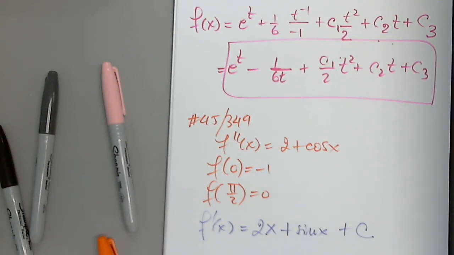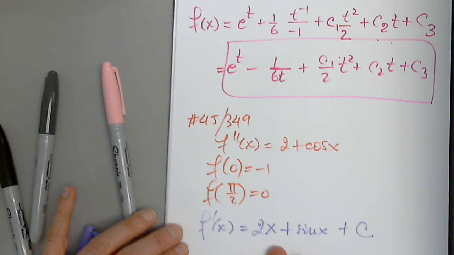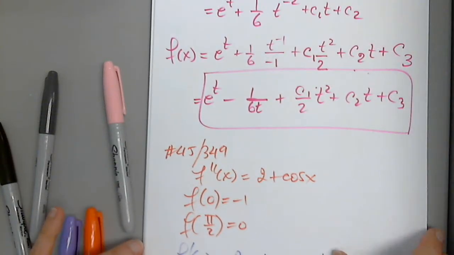So let's verify. 2x prime is 2. Sine x prime is cosine x. C prime is 0. Any questions? Do I have any information about f prime? I don't. So I have to continue.